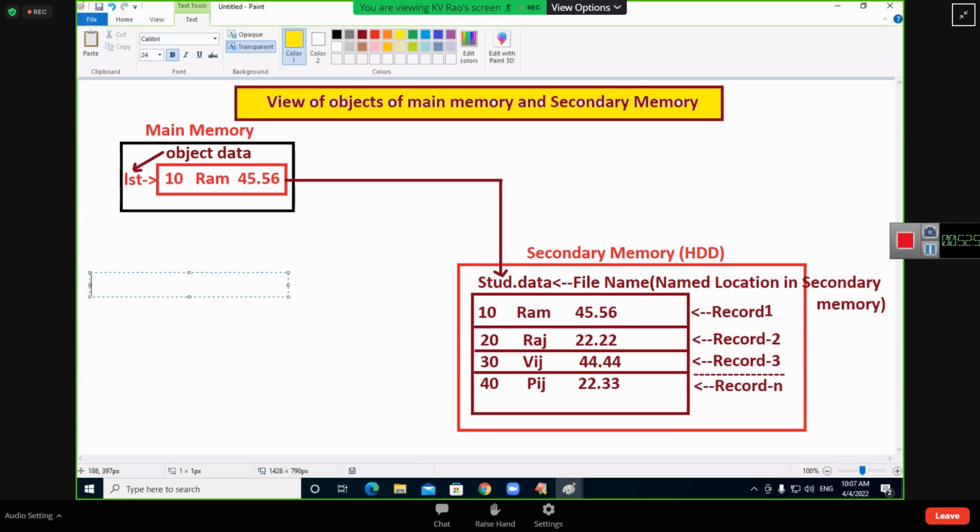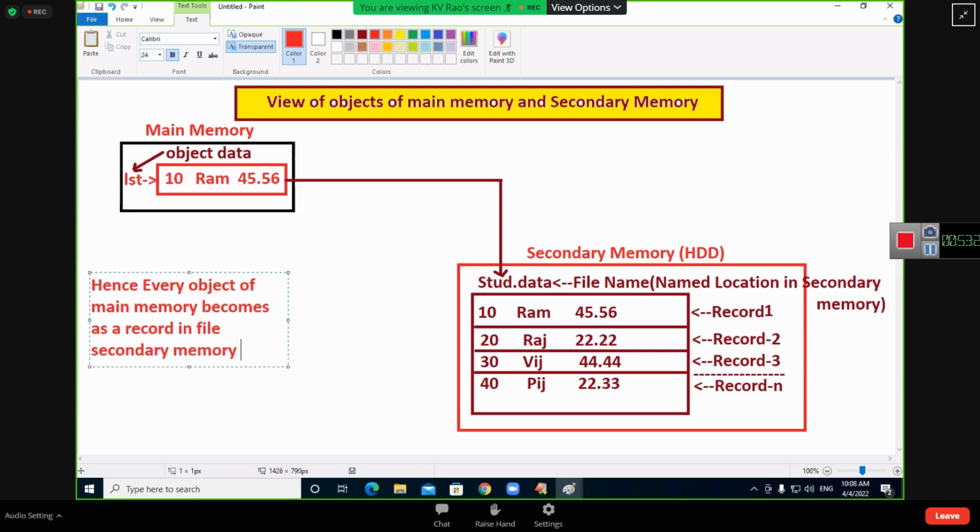So tell me, what do you understand with this explanation? Every object of main memory becomes a record in a file of secondary memory, and vice versa.